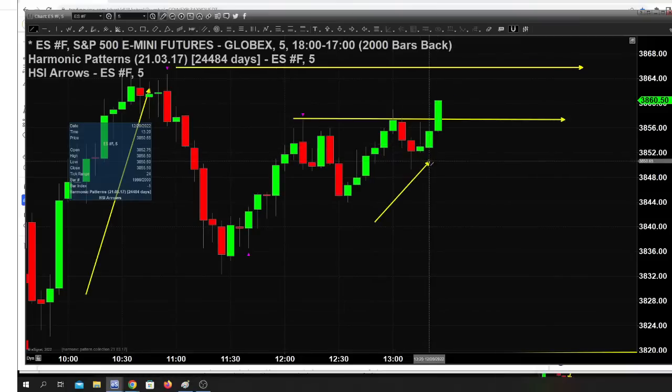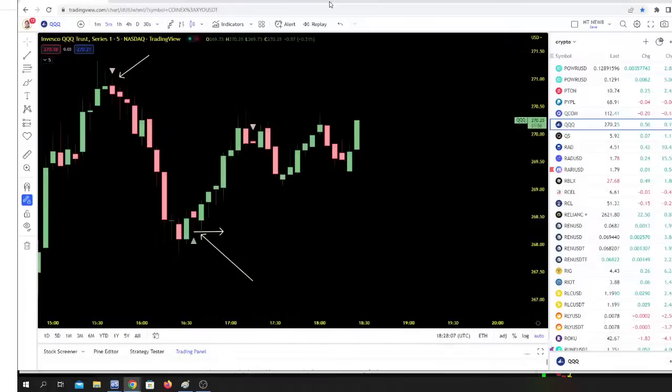So last 3 bars, since your last 3-bar range is like that, the low is 38.50. Let me go back to the SPY chart.